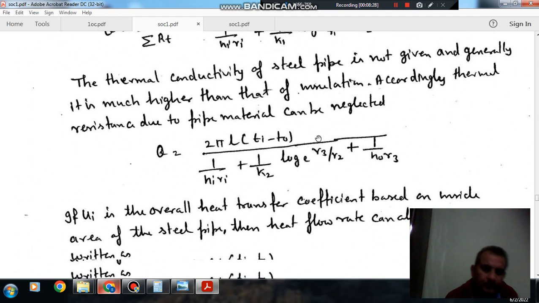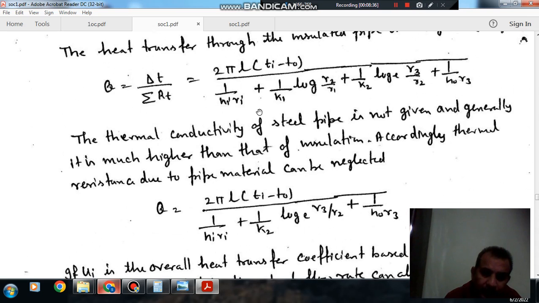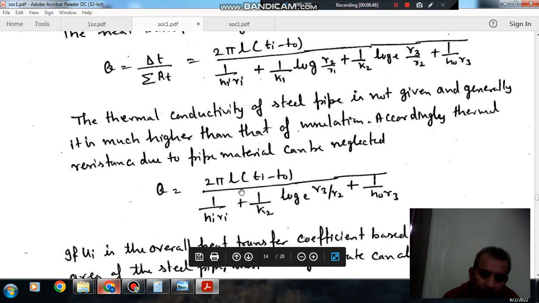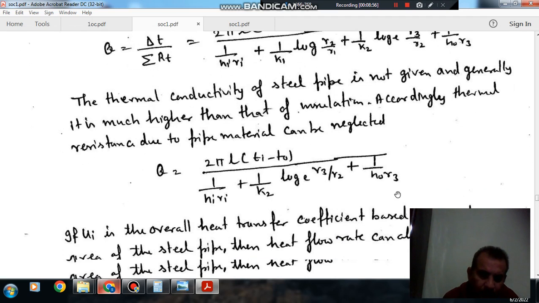We can assume that the conductivity of the steel pipe is very high compared to the insulation, and it is not given in the question, so we can neglect this part. So the heat transfer will be 2 pi L (Ti minus To) divided by [1 by Hi Ri plus (1 by K2) ln(R3 by R2) plus 1 by Ho R3].